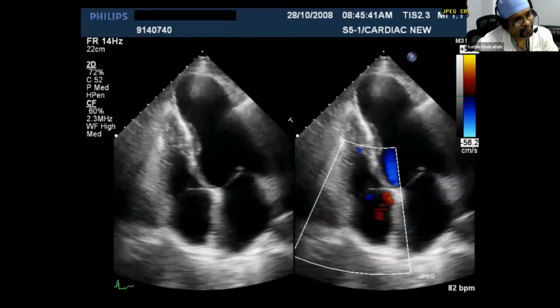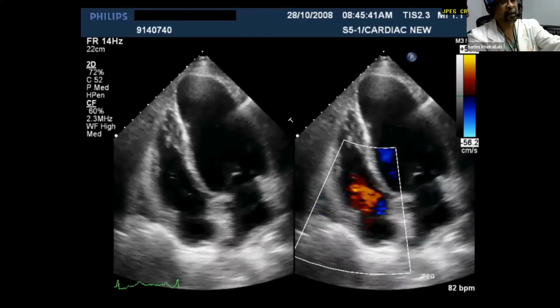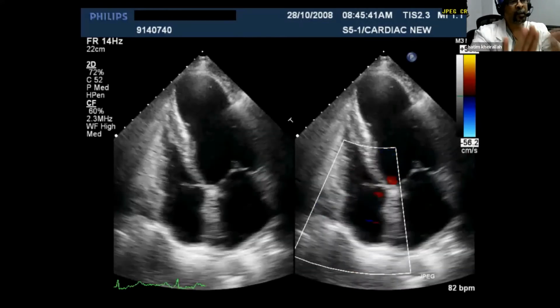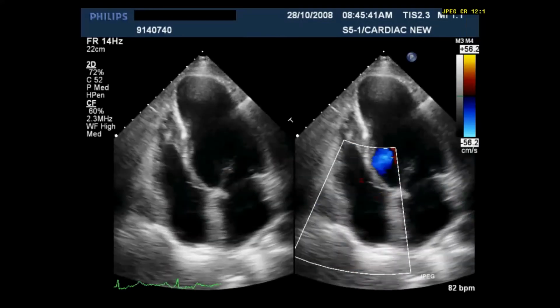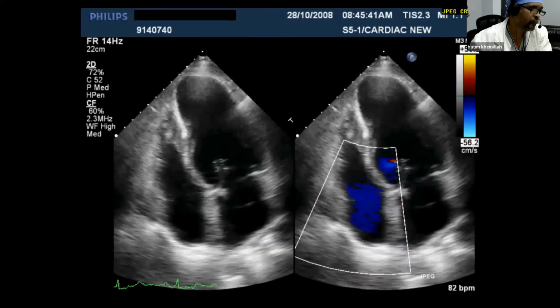Color compare, right? There is a special button called color compare. When you press on it, you will have the same image side by side, one with, one without color. So you could describe this one as apical four-chamber color compare. Okay?